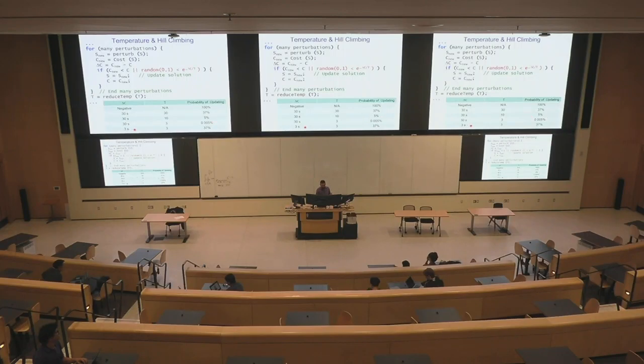Now, if you keep the temperature at 3, but the delta C is even smaller, even at this low temperature, you might end up accepting it because the acceptance rate increases to 37%. So that's the good thing about simulated annealing. It looks at both the temperature and how far the new cost is.